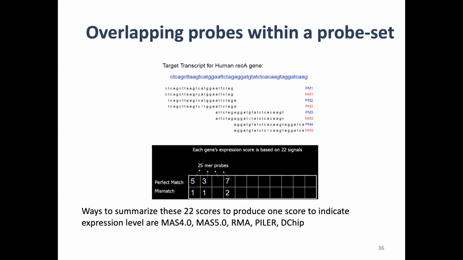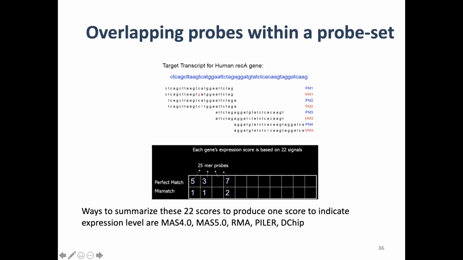Overlapping probes within a probe set. So this is about the same thing I'm repeating here. The gene, and you are designing a probe. There will be 11 probe pairs to capture a gene, so there is 11 times 2, 11 pairs.